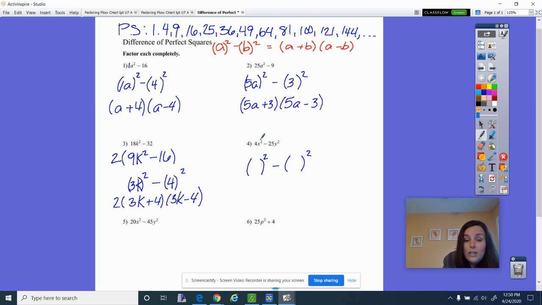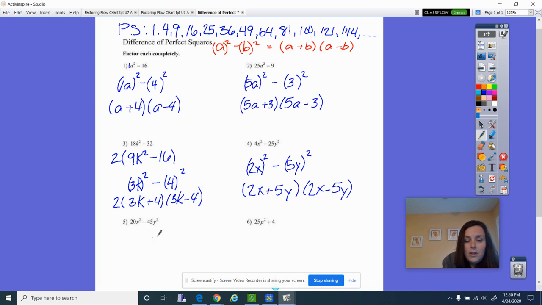Yes. So what times itself gives me 4? 2. What times itself gives me x squared? X. Here, what times itself gives me 25? 5. What times itself gives me y squared? Y. So I have 2x plus 5y times 2x minus 5y.